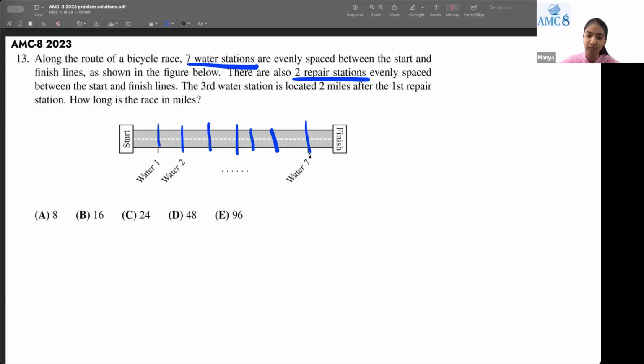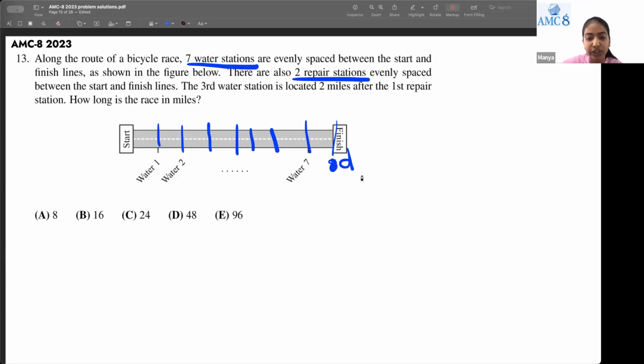Just assume that these are evenly spaced, and this is just the finish line. If there are 7 water stations, that means there should be 8 even parts, right? 1, 2, 3, 4, 5, 6, 7, 8. So this is 8 distance.